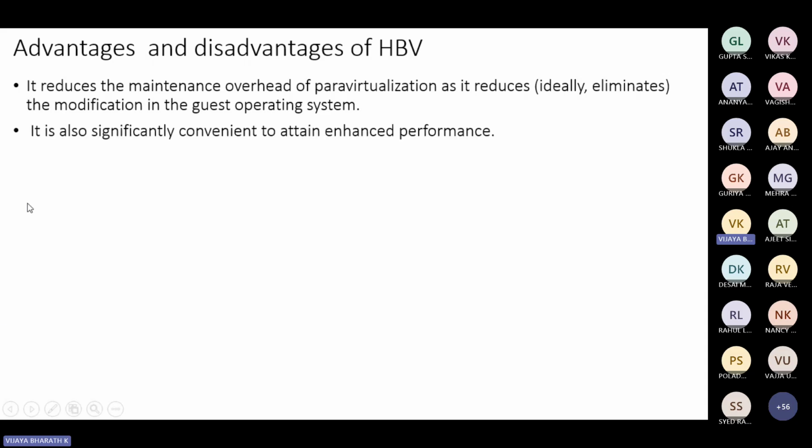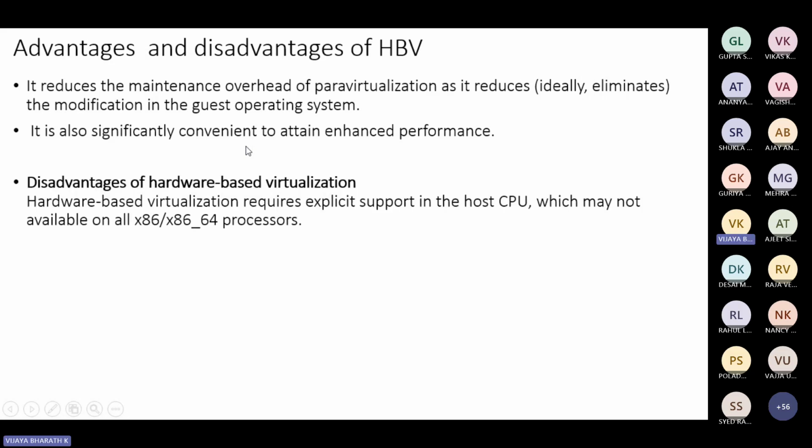And it is again convenient to attain enhanced performance because you have direct control over the hardware. If you see the disadvantages, it requires explicit support on the host CPU, which may not be available on some processors, let's say x86 and x86-64 supported processors.